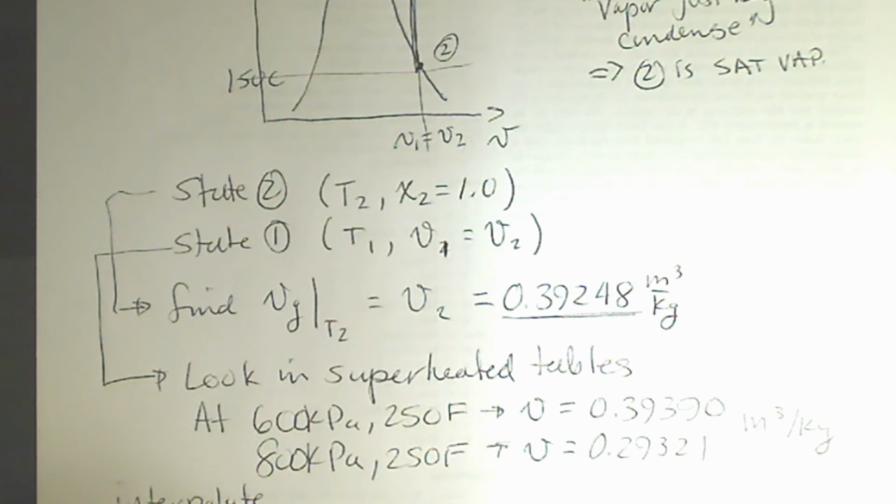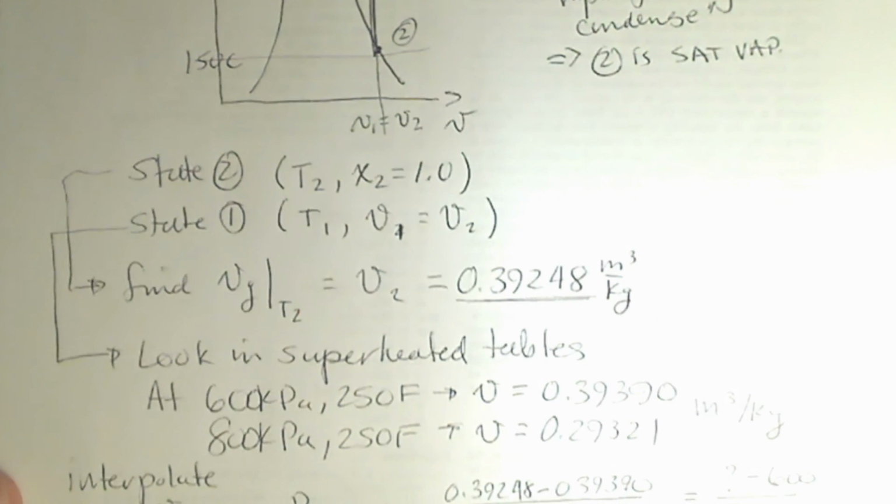Okay, so again, I need to set up ratios of these differences, and I have to be a little careful because of the signs here. I'm going to say that 0.39248 minus 0.39390 is to 0.29321 minus 0.39390 as is to 200. 800 minus 600 is 200.